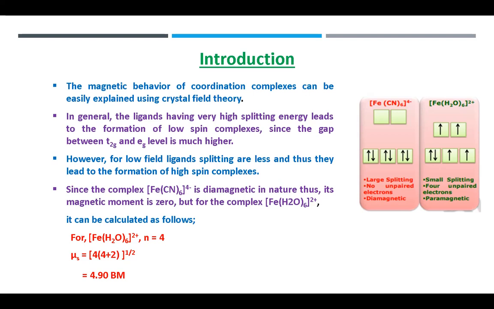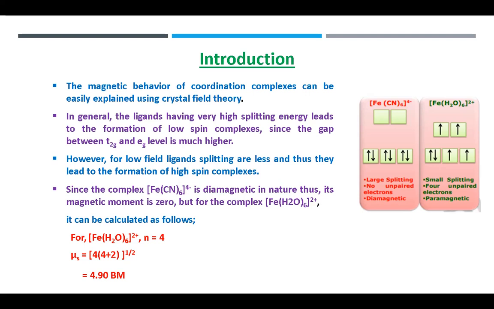Cyanide is a strong field ligand that leads to a high amount of crystal field splitting, and thus forms low-spin complexes, whereas H2O is a weak field ligand, which gives rise to lower splitting, and thus forms high-spin paramagnetic complexes.